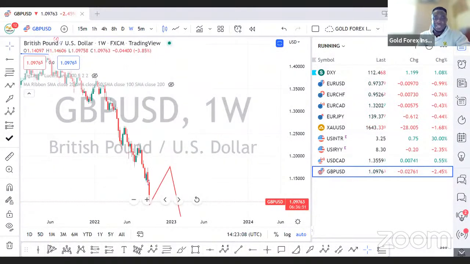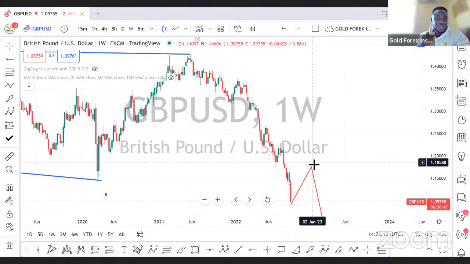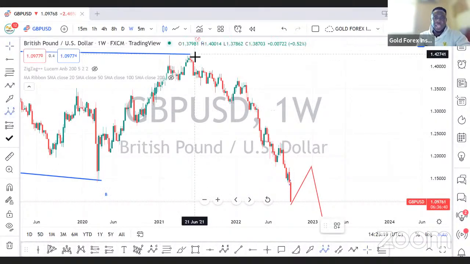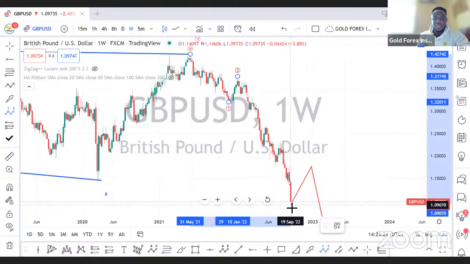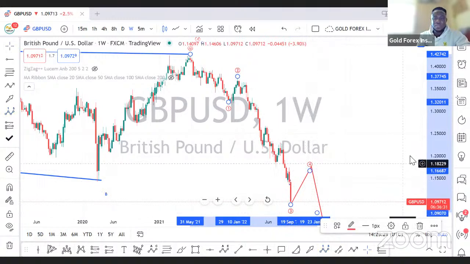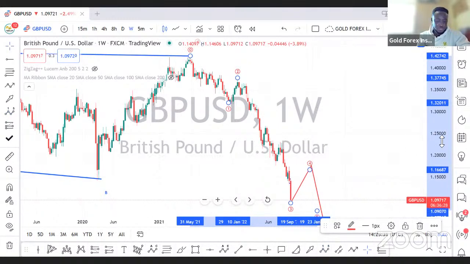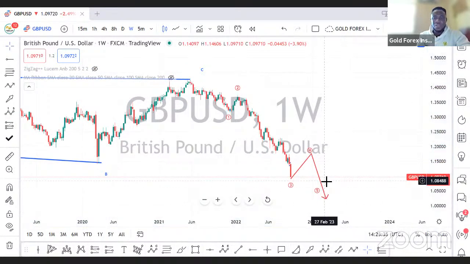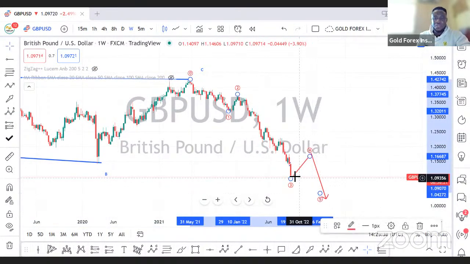Now, pound USD is still selling. It's also looking for an opportunity to buy. It's looking for the floor. What will happen is that here will become wave 1, 2. Then once it finishes, it becomes wave 3. Then it pulls back to wave 4 and completes wave 5 coming down. So we are just looking for the floor of pound USD, right?